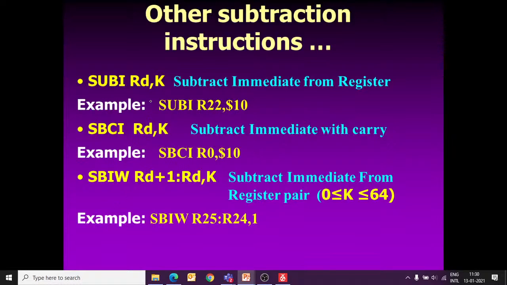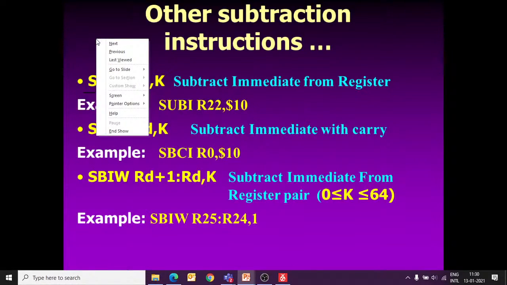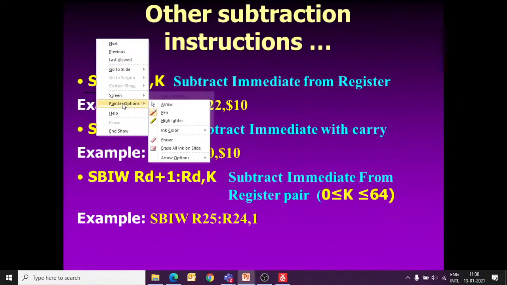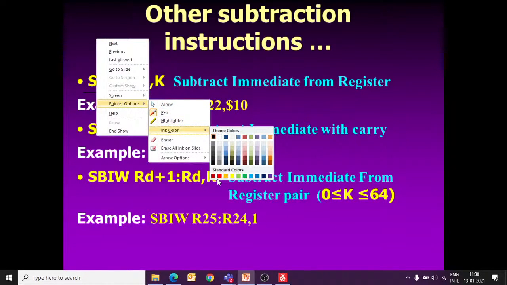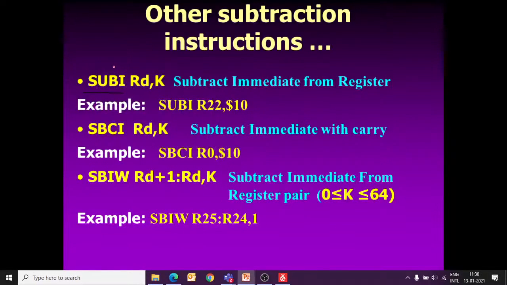Then, similar to register pair addition, register pair subtraction is also possible. As you can see here, SUBI means subtract immediate. If you write SUBI R22, $10, it will subtract 10 immediately from the register.